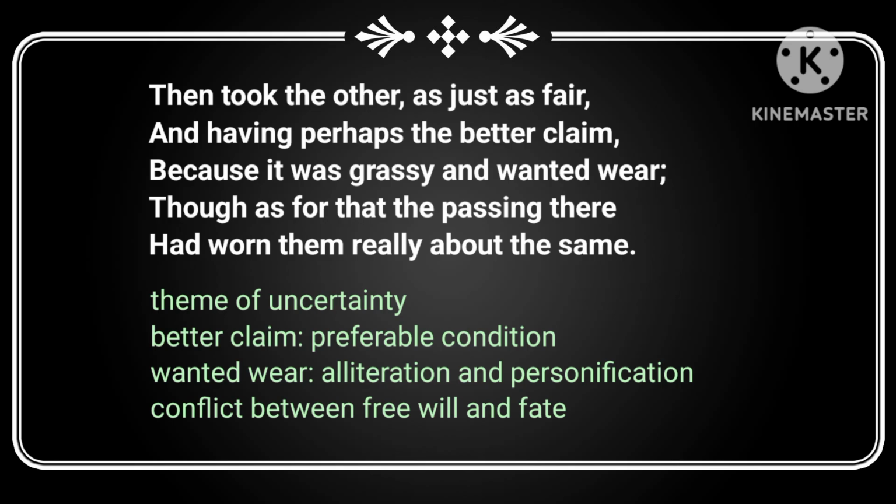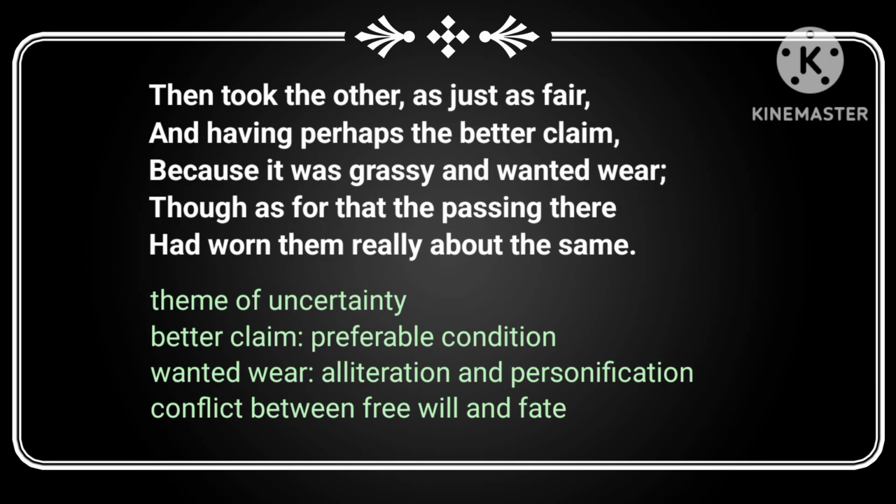The speaker states the reason why he chose the second path and not the first one, even though it was equally fair. Because it was grassy and wanted wear. Note here, wanted wear is an example of an alliteration.